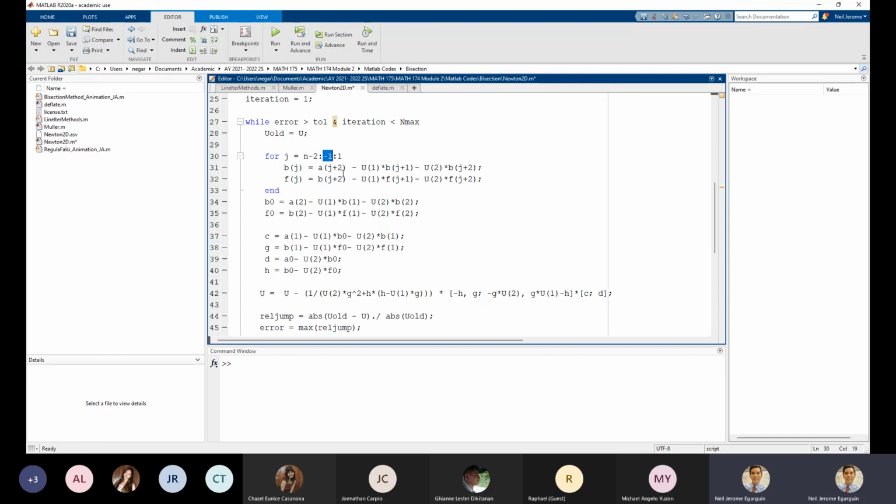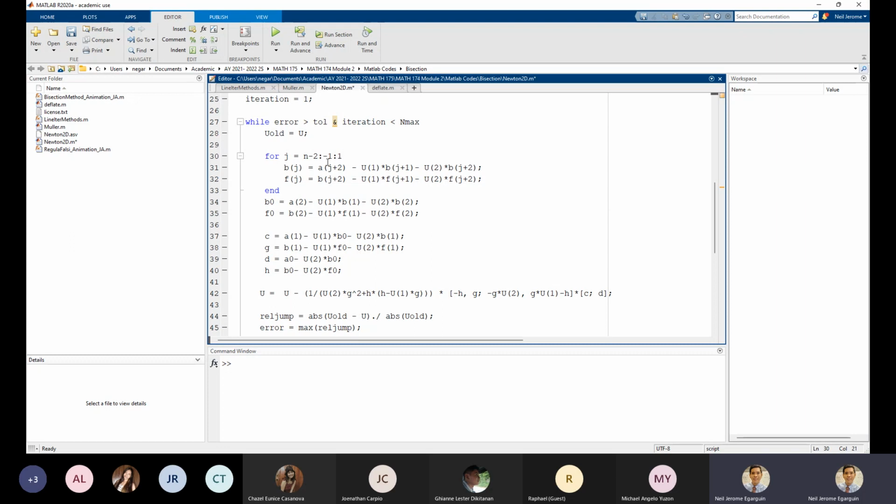So pababa siya ng pababa hanggang marating niya si 1. Okay? Kasi nga hanggang b sub 1 at saka hanggang f sub 1 yung kayang i-compute ni Matlab. Hindi ko kayang ipa-compute sa kanya yung b sub 0 at saka f sub 0 sa loob ng for loop na to. Alright, hindi ko kayang gawin yung iteration hanggang kay 0 as what the module wanted because ang indexing nga ni Matlab nag-start sa 1.